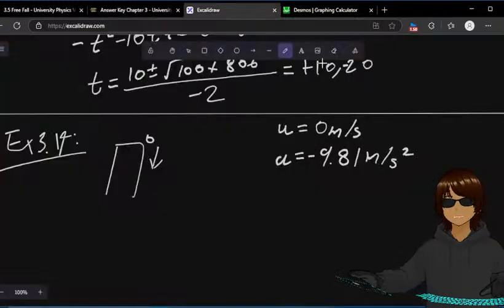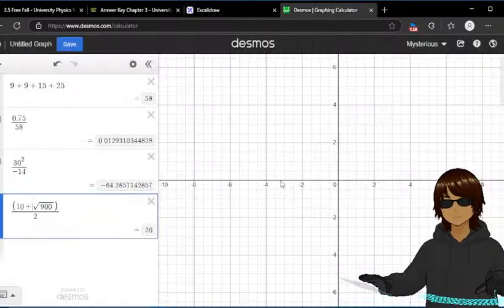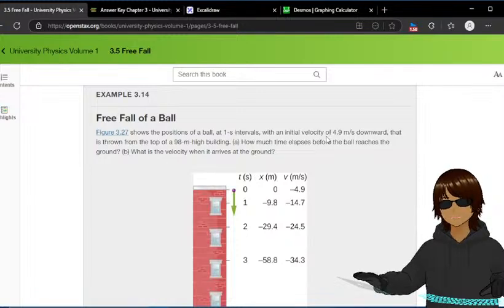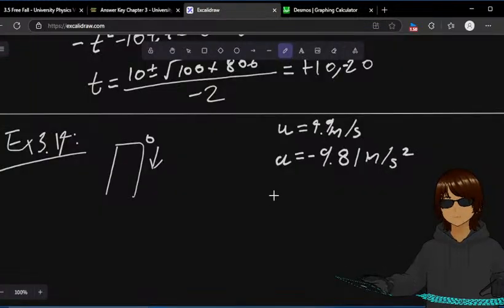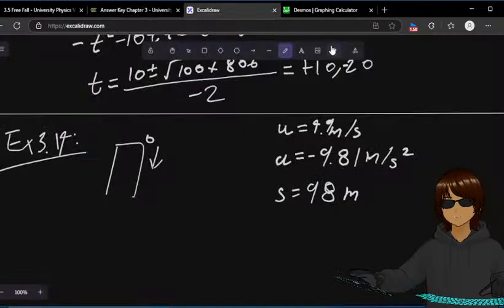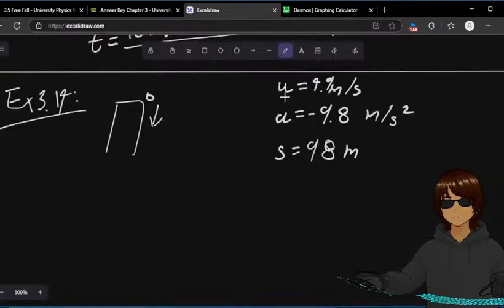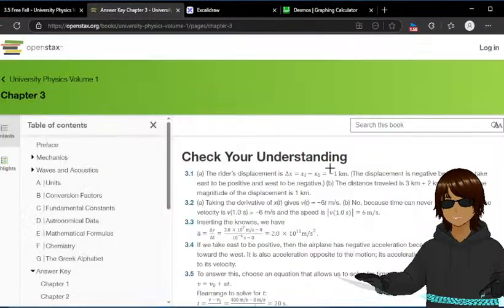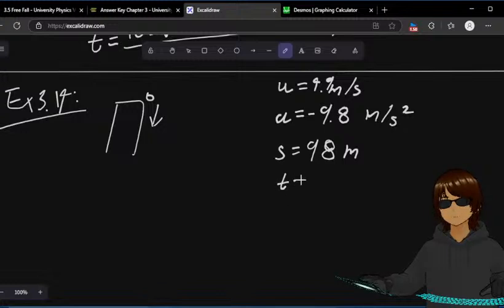Sorry, initial velocity is 4.9, and then s is 98, a 98-meter high building. They expect us to use two significant figures. They want the time first and then the final velocity second.